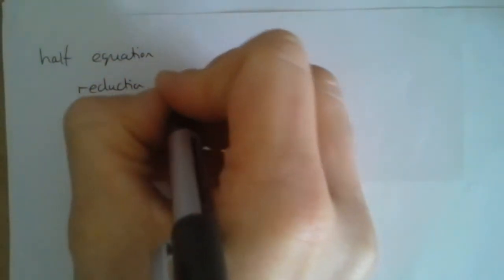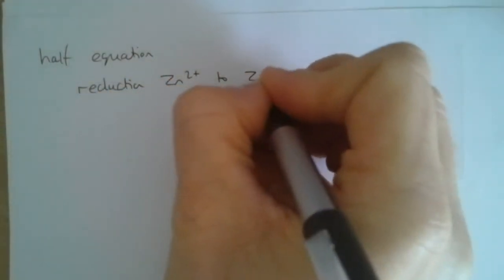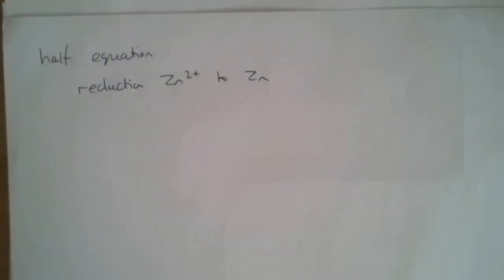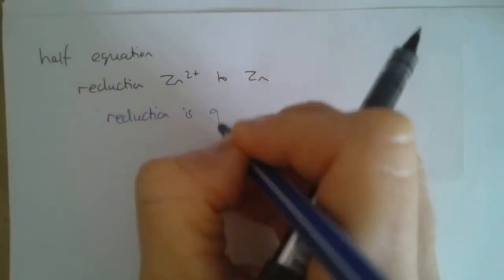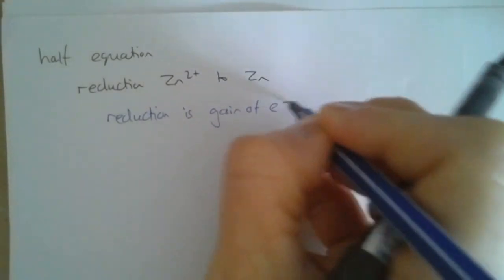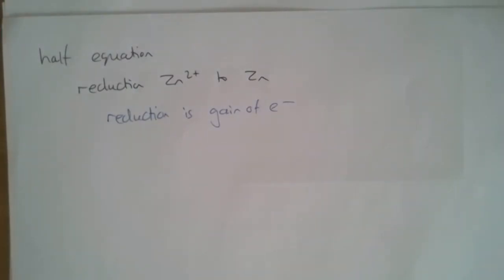So we're going to think about drawing a half equation for the following processes. So we're going to show the reduction of Zn2+ to Zn. So the first thing we've got to say to ourselves is reduction is the gain of electrons. That's the first thing we need to say in our heads.